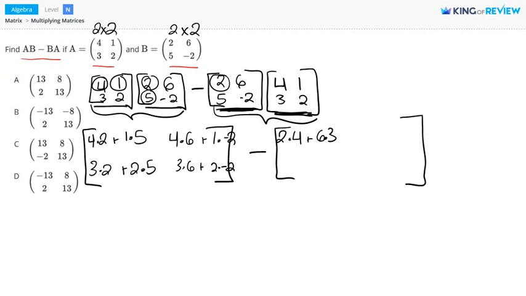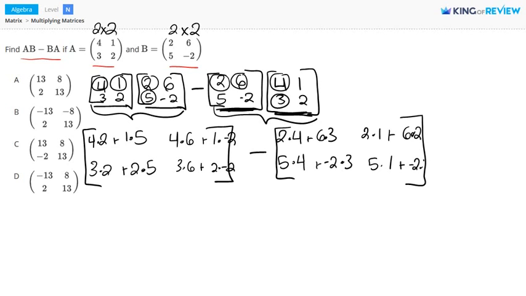That's our first entry. The next entry is going to be 5 times 4 plus negative 2 times 3. Moving over to the second column, we have 2 times 1 plus 6 times 2. And the final entry is going to be 5 times 1 plus negative 2 times 2.